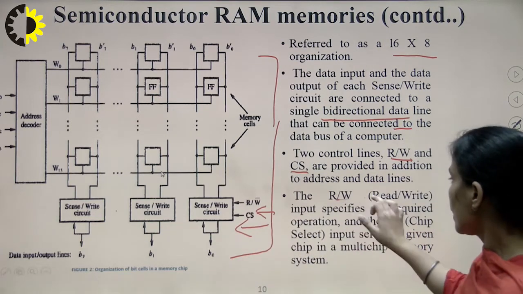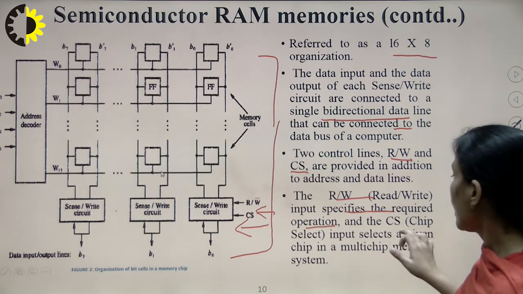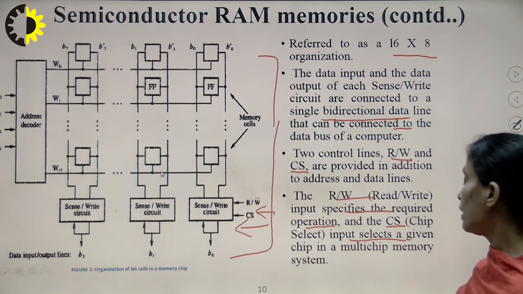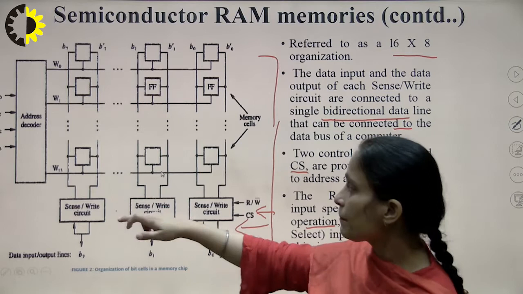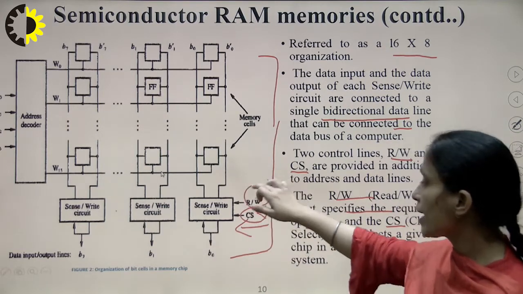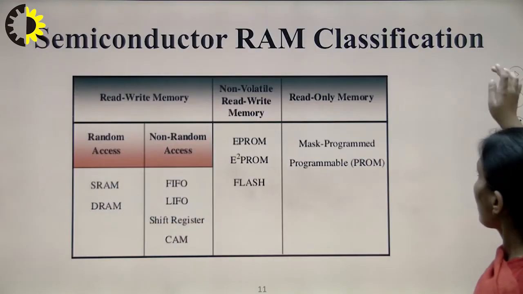They specify the required operation that has to be done, and this CS, that is chip select, input selects a given chip in a multi-chip memory system. Which chip has to be selected will be told by this CS. Which operation has to be performed, read or write, is told by this R or W.